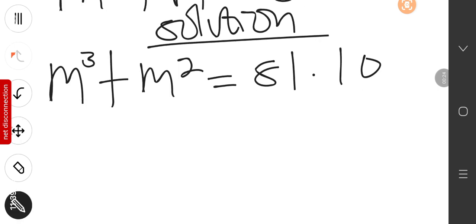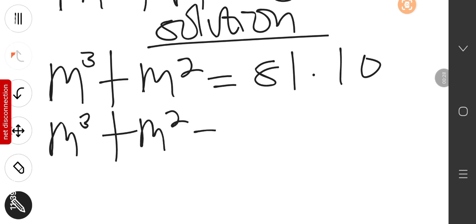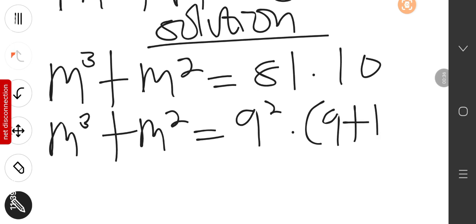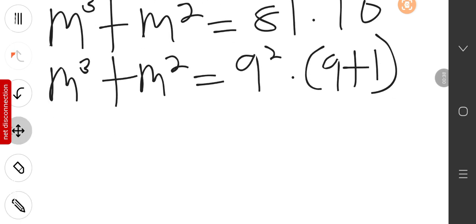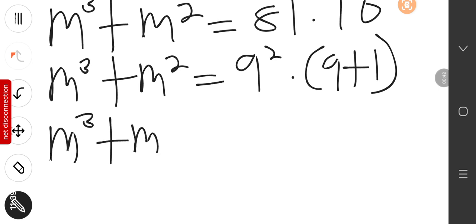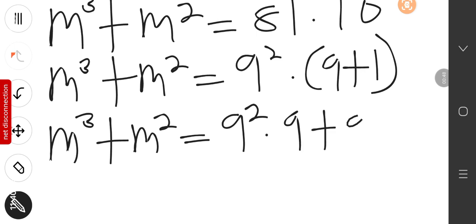So you're going to have m cubed plus m squared equals, now 81 is the same as 9 exponent 2. 10 is the same as 9 plus 1. So you're going to have m cubed plus m squared equals 9 squared times 9 plus 9 squared times 1, which is 9 squared.